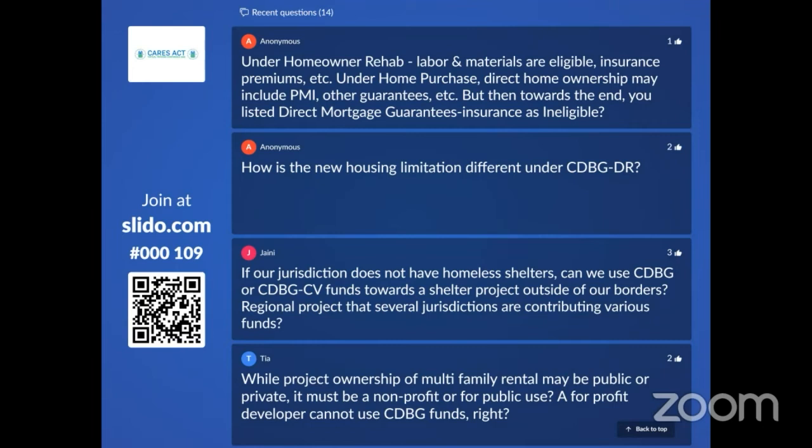And that's what's not allowed. If they want HUD to guarantee the mortgage, then that's FHA. That's a whole other program, and they would have to get an FHA loan. But direct mortgage guarantees with CDBG is not an eligible cost.